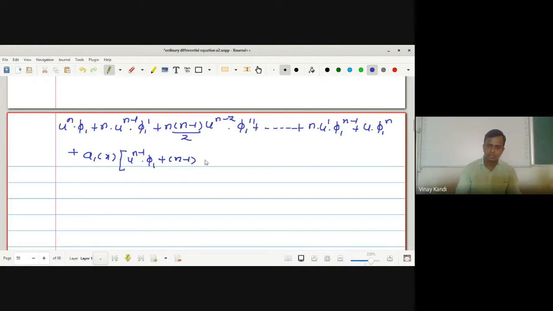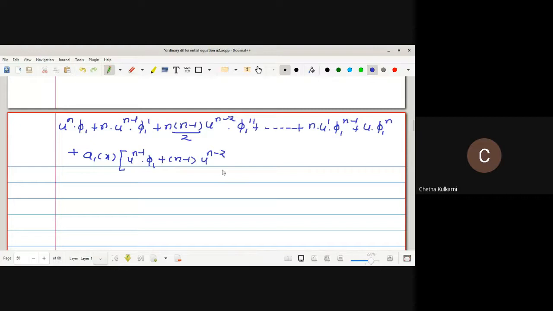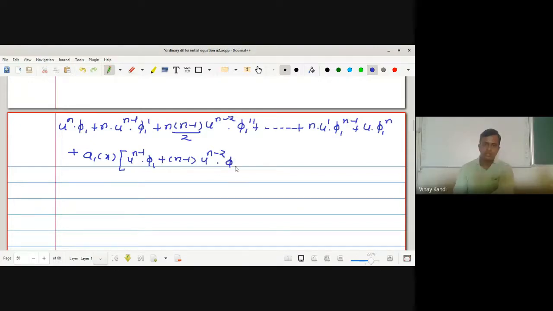Okay, u raised to n minus 2 into phi dash, plus instead of n minus 1, n minus 2 will come, n minus 2 upon 2 factorial, u raised to n minus 3 into phi double dash.